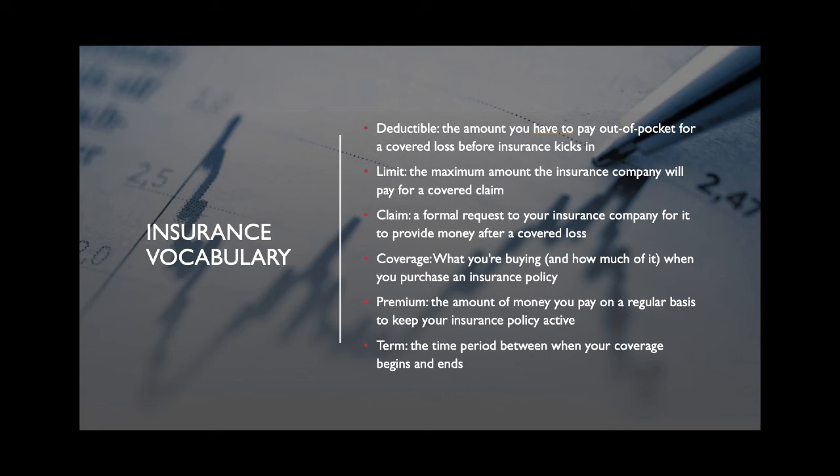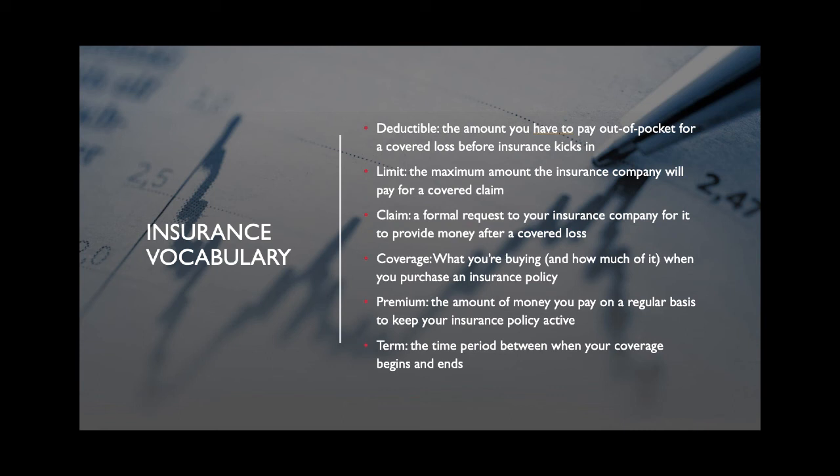No matter the type of insurance, when we talk about the deductible, we're talking about the amount you have to pay out of your own pocket for a loss before the insurance starts to kick in. Whereas the limit of the insurance is the maximum amount the insurance company will pay for a covered claim. What's a claim? A claim is a formal request to your insurance company for it to provide money after you suffer a loss which is covered by your policy.